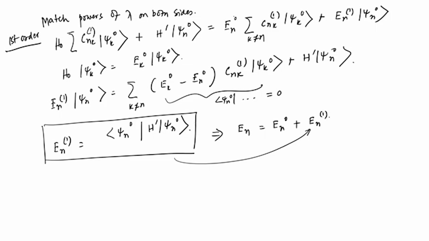What about the wave function? Let us see the wave function. To calculate the wave function, what we do is take an inner product with a dummy psi m 0, okay.